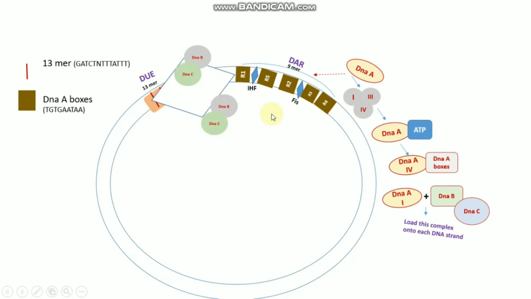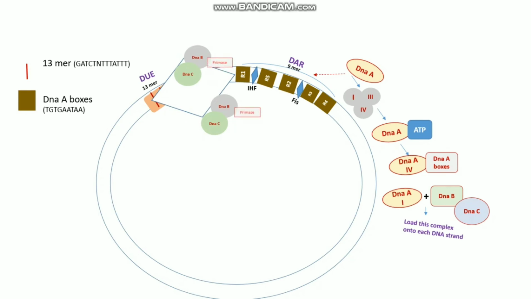Then negative supercoiling occurs, and the unwinding continues by this DnaB-C complex, because they are putting pressure in opposite directions.